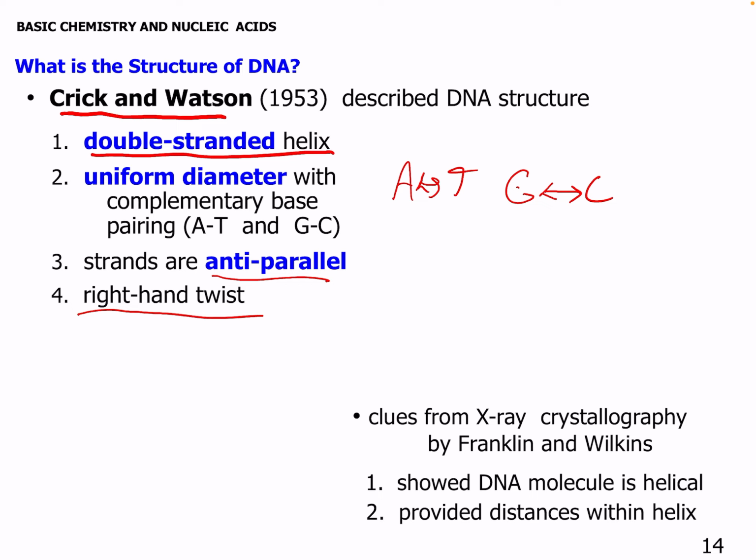We have clues from X-ray crystallography that show DNA molecules are helical and provide distances within the helix. Again, it won't be a good drawing, but they're anti-parallel. We have the distances between, and then here we have our base pairing, so we have A to T and so on, and then again, G to C.